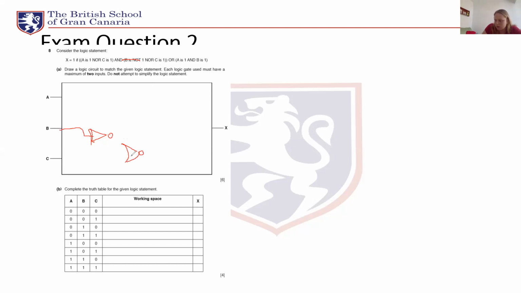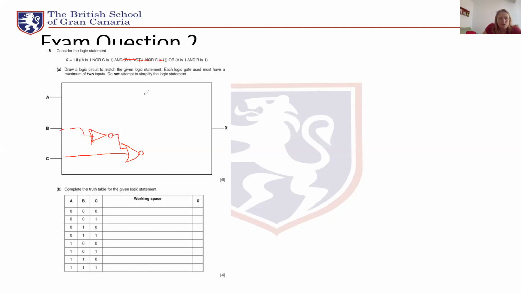There's my NOR gate, and that goes into C. Now it says B1 NOR C is 1. So then we're going to make a junction that goes down here. So now that one is done.